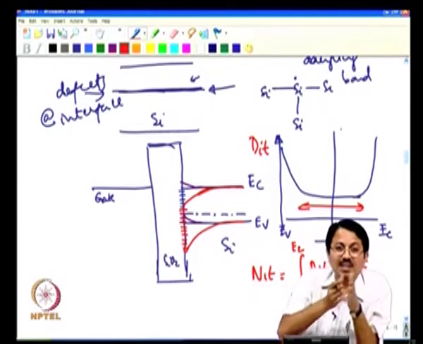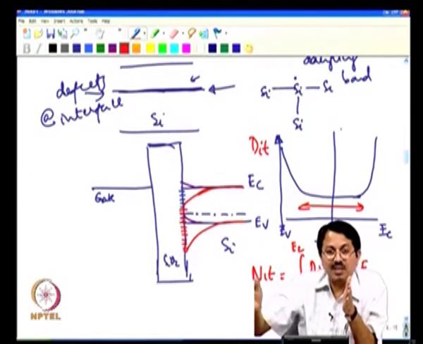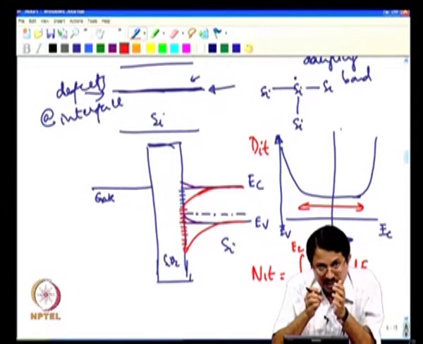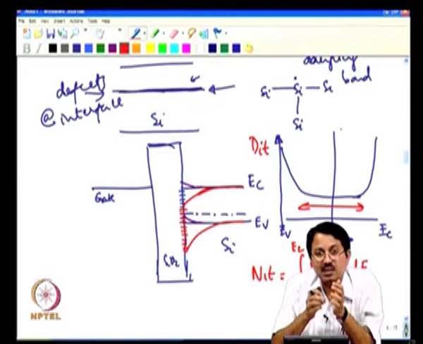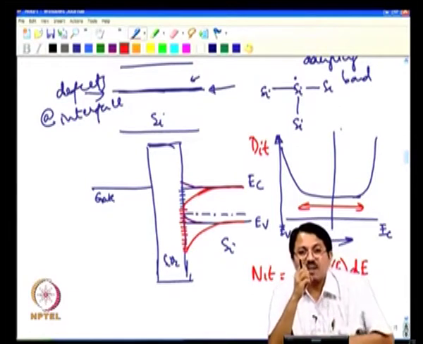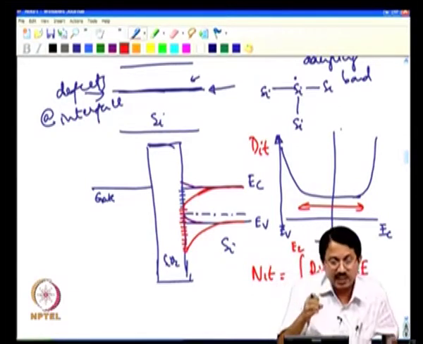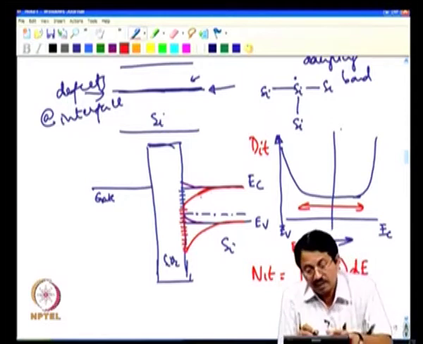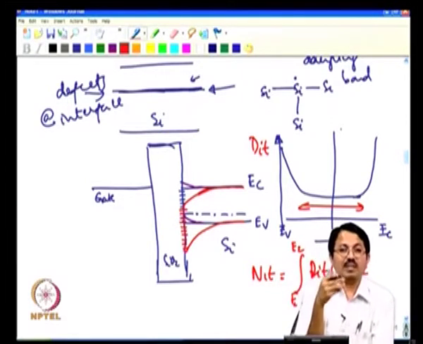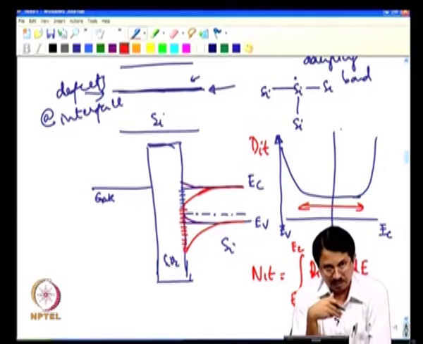So when I am sweeping the gate voltage from one extreme to the other, the charge state is changing, and hence it is not fixed charge, it is a variable charge. The exact quantity depends on the exact value of gate voltage, because the exact value of gate voltage dictates your band bending, and that in turn dictates how many traps are empty and how many traps are filled.